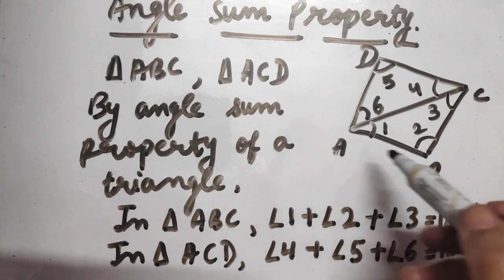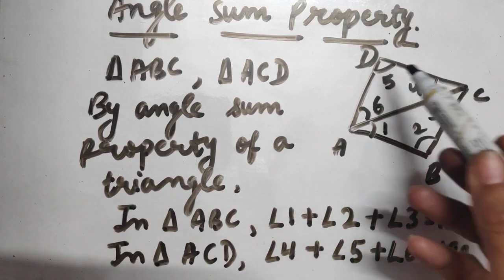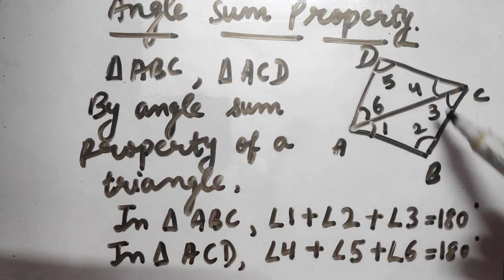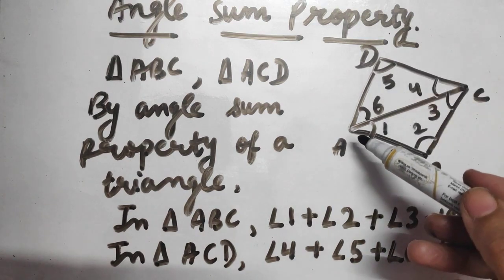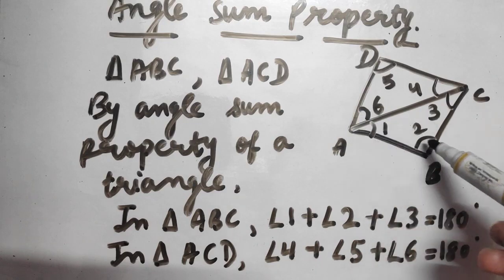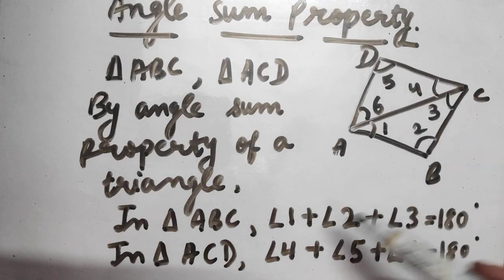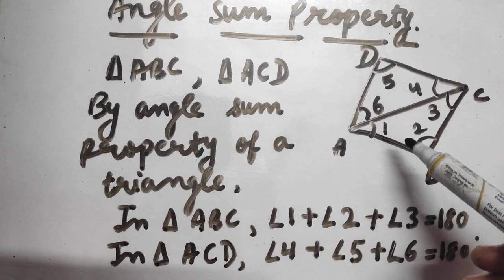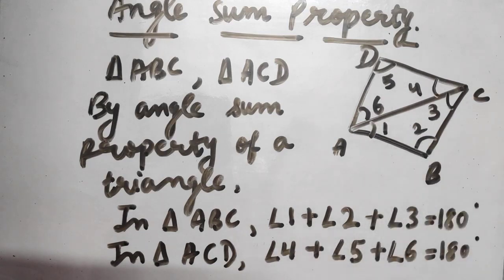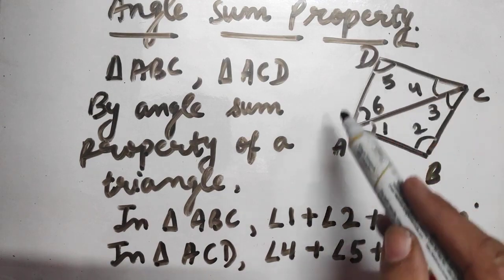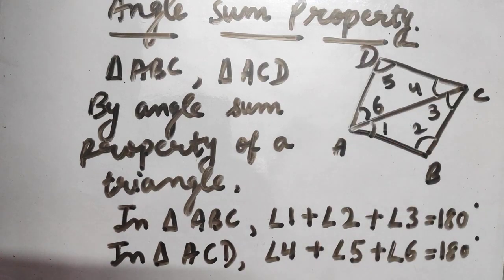Now in quadrilateral ABCD, we have two triangles. So we have four angles, angle A plus angle B plus angle C plus angle D. So we will be adding all these angles to get the sum of all the angles of quadrilateral ABCD.